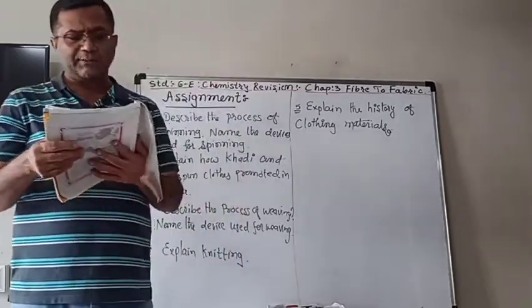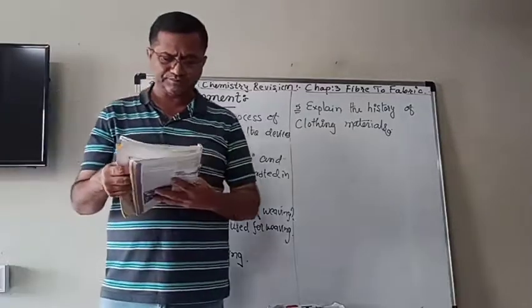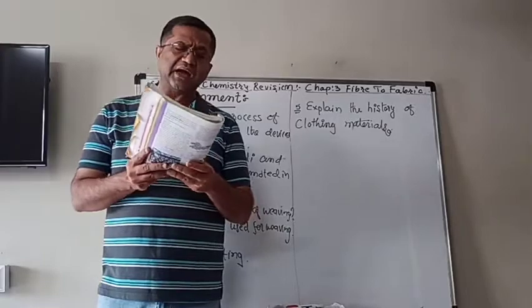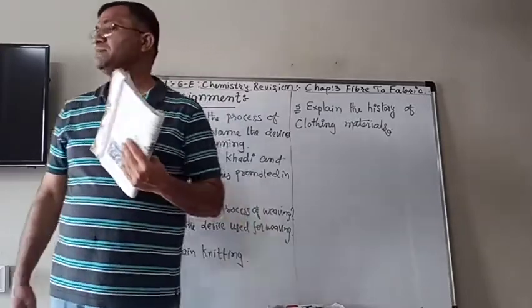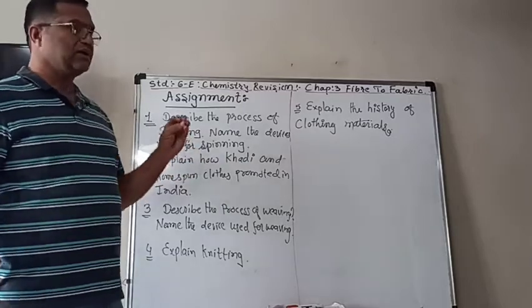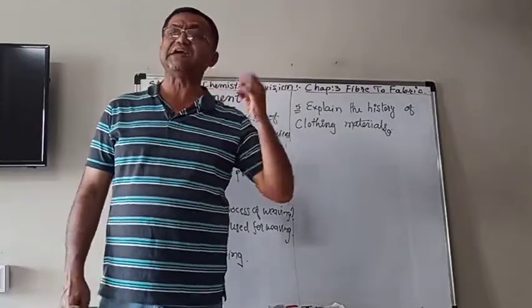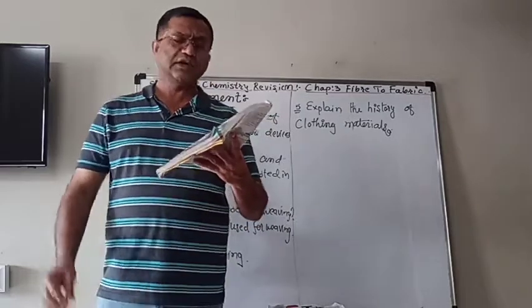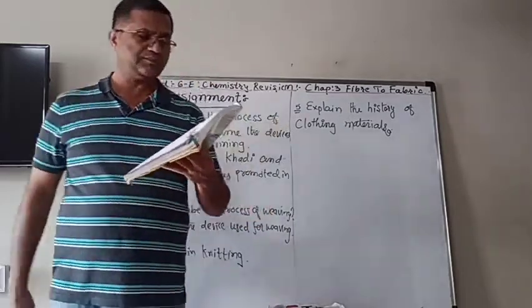So you will be able to make a yarn. Generally, the process of making yarn from fiber is known as spinning. What is spinning? The process of making yarn from cotton fibers or any fibers is known as spinning.